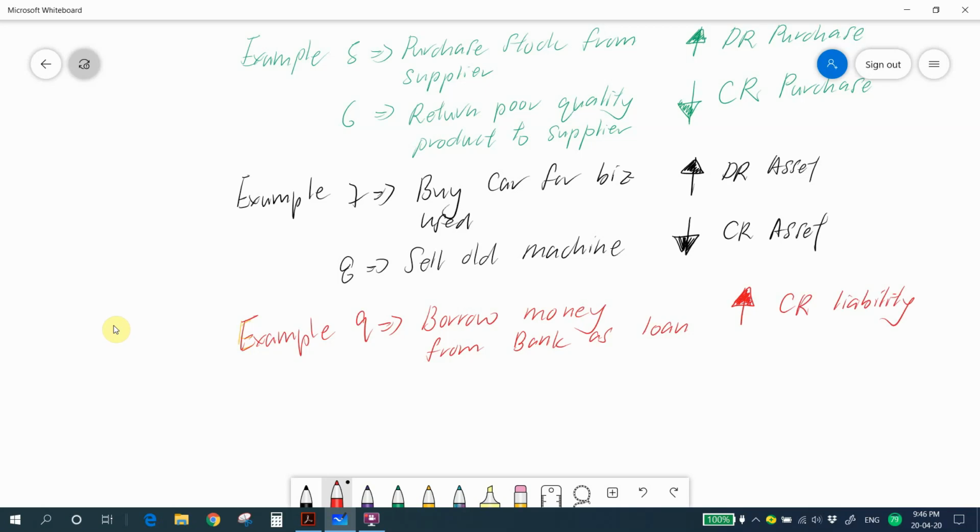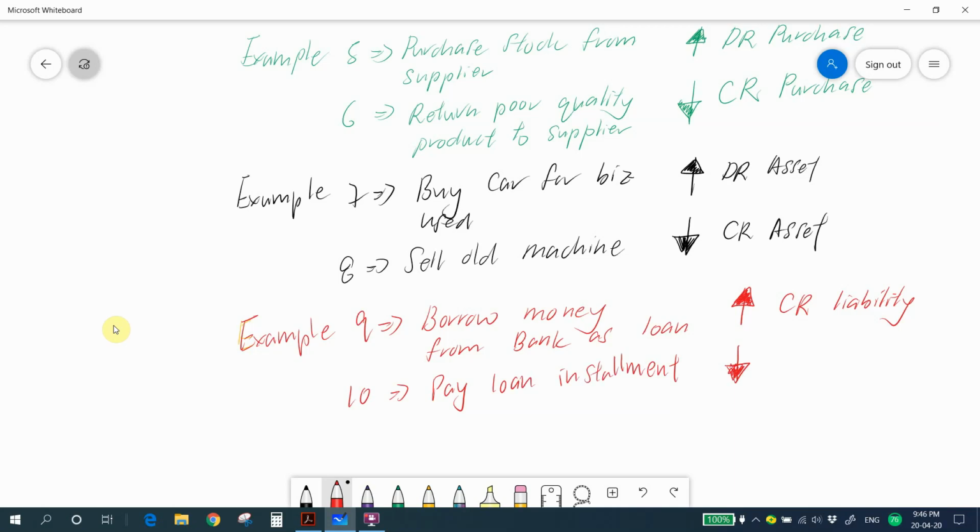On the other hand, if you have paid loan installment, tell me, when you have paid loan installment, your liability will increase or decrease? The answer is decrease.